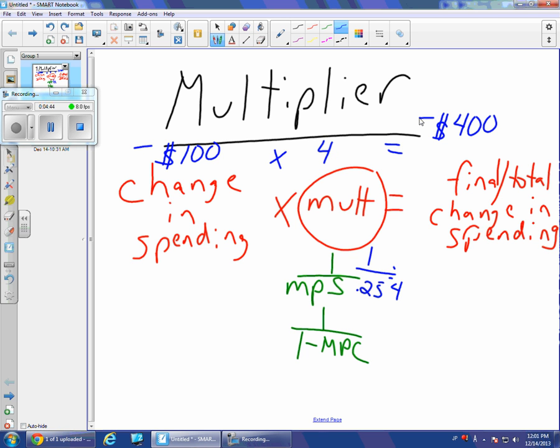Finally, our initial change in spending does not have to come only from consumers. Remember, we have 4 spenders in our economy: consumers, businesses, government, and foreign consumers. If any of them spent more or less, there would be a multiplied effect on the overall economy.